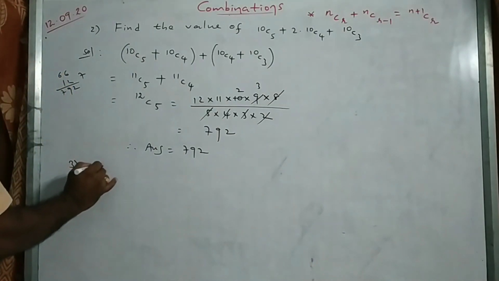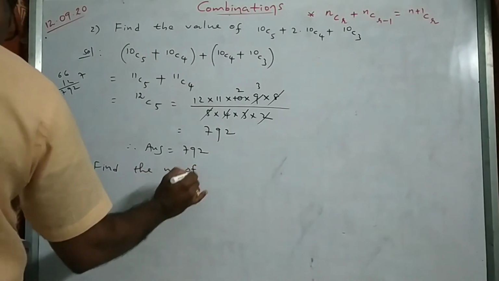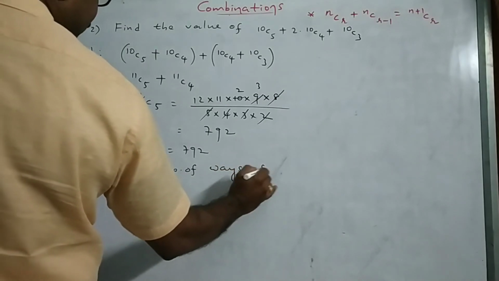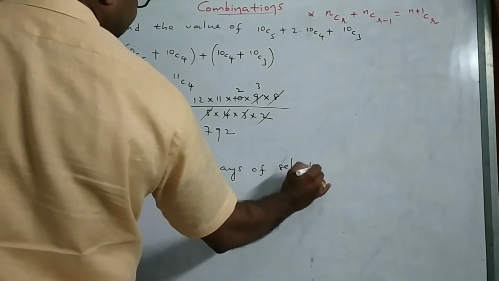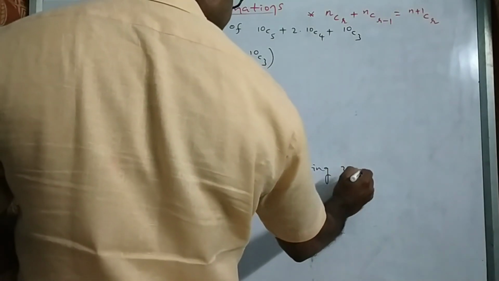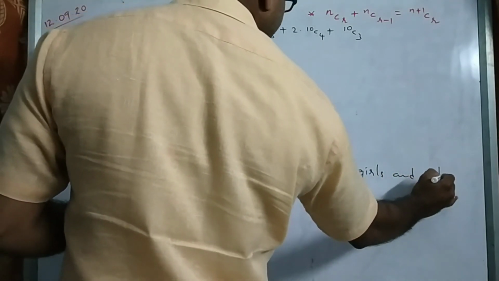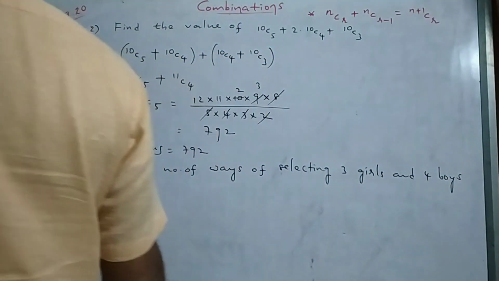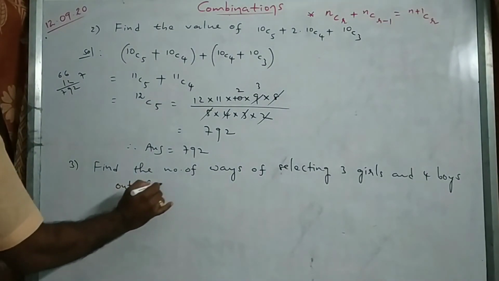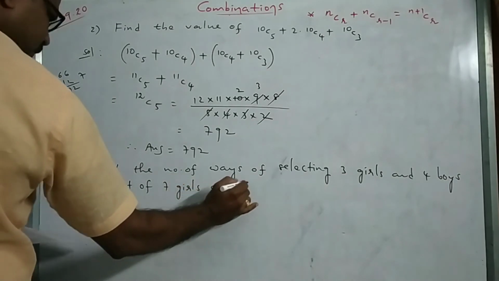Next one. Find the number of ways of selecting 3 girls and 4 boys out of 7 girls and 6 boys.